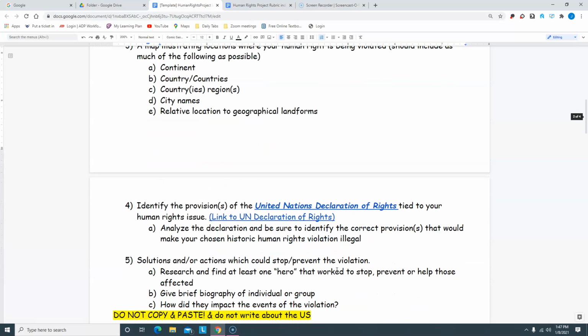Number four, the fourth requirement for your presentation. Identify the provisions of the United Nations Declaration of Rights that tie to your human rights issue. And here is a link to the United Nations Declaration of Rights. These declarations were written after the Holocaust.